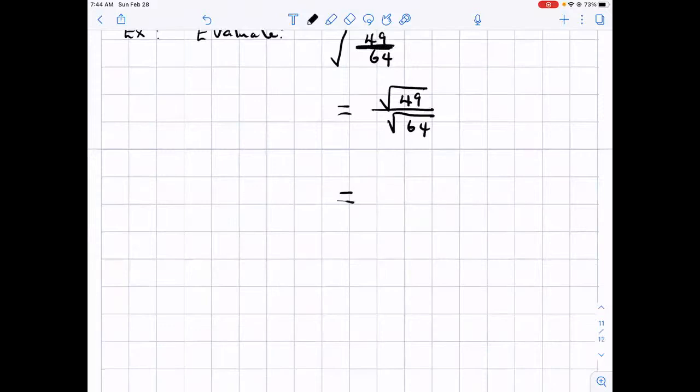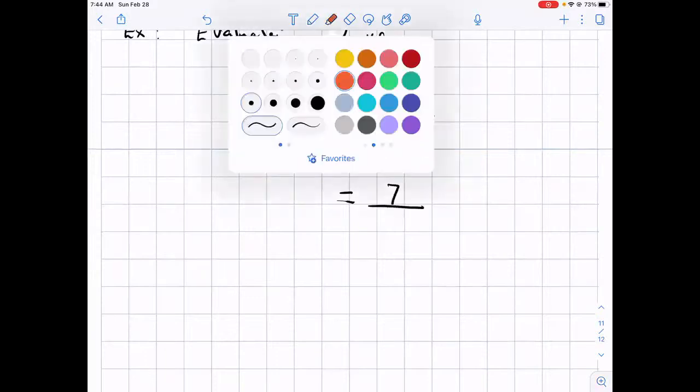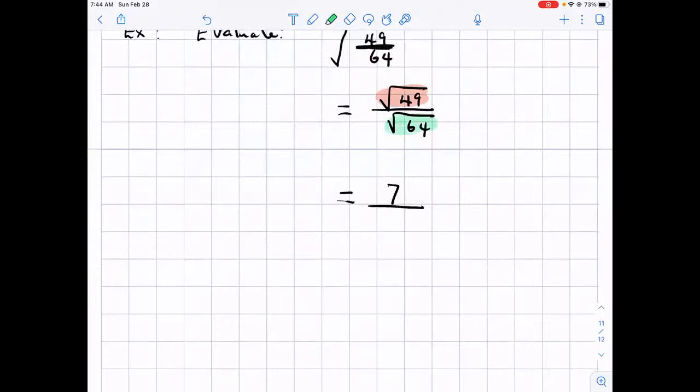And we know the square root of 49 is 7, and the square root of 64 is 8. So here we have 7/8. And sometimes you will have to simplify the radicals before you evaluate them.